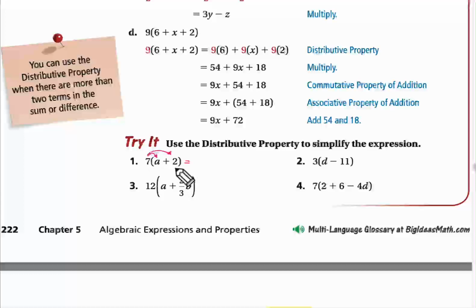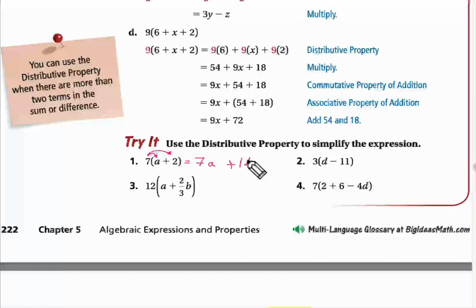By A. Only by the first term? No, also by 2. So we will multiply 7 by the first term and also multiply 7 by the second term. So 7 times A equals? 7a. And 7 times 2 is 14. So it will be 7a plus 14. Thank you, Mana.